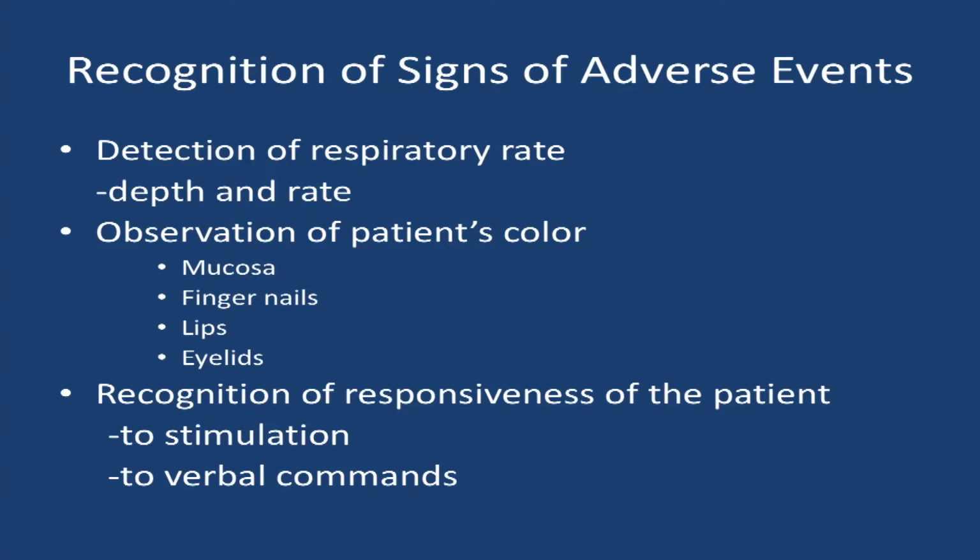Just simply stimulating the patient, asking them to take a deep breath, asking them to open up their eyes and take deep breaths, to move their extremities and respond to your stimulation. Those are important features to let you know that the patient is alert sufficiently and perhaps has forgotten to breathe for themselves. And to verbal commands, asking them, take a deep breath, and make sure that they're continuing to do that and not just for the one time that you ask.